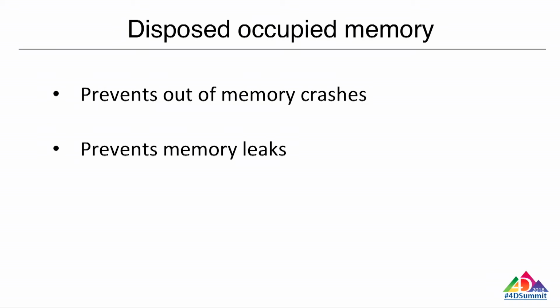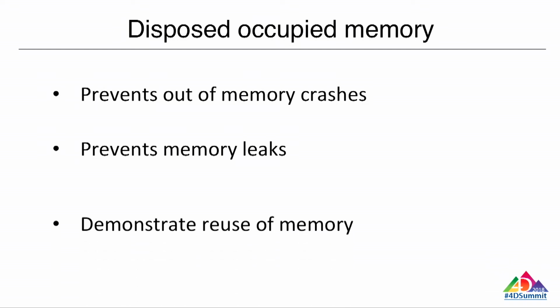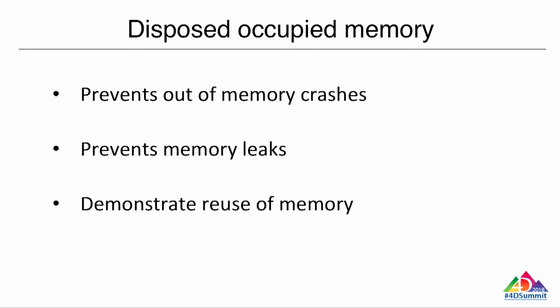Some code might be using commands whose memory is not freed by 4D. We think that 4D can act as the garbage collector and clear up all memory, but there are certain cases where, if you're not aware of it, you can get a memory leak. We can also demonstrate the reuse of memory. 4D can reuse memory, but that could be an issue if you don't clear properly, because you could be accessing something that might not be there anymore.